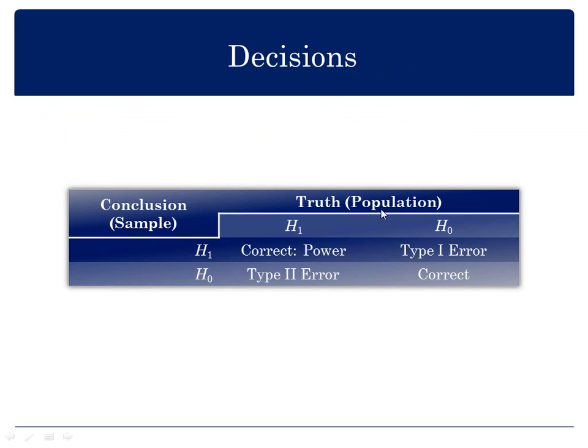So again, I've only modified this slightly from the last lecture to put in the word population and sample. So the truth is whatever the population is. The conclusion is whatever the sample supports. Now, what we're going to do is we're actually going to say what the truth is when we do hypothesis testing, because we really don't know the truth.